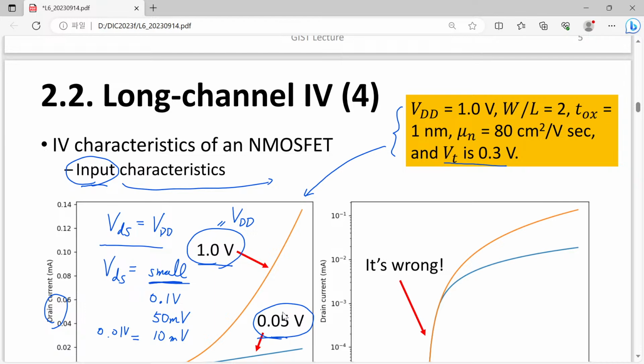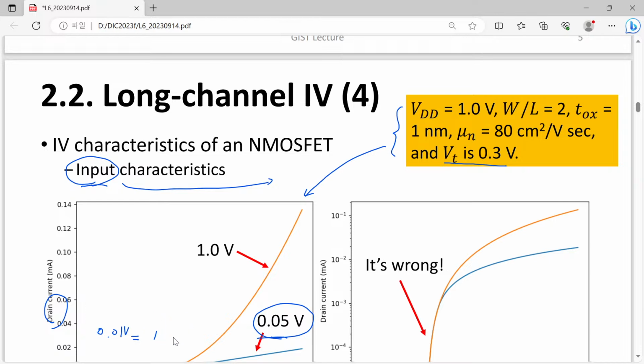It is important: not only one drain bias, but two different biases, one high and one low, because later we want to see the difference of these input characteristics with respect to your drain voltage.